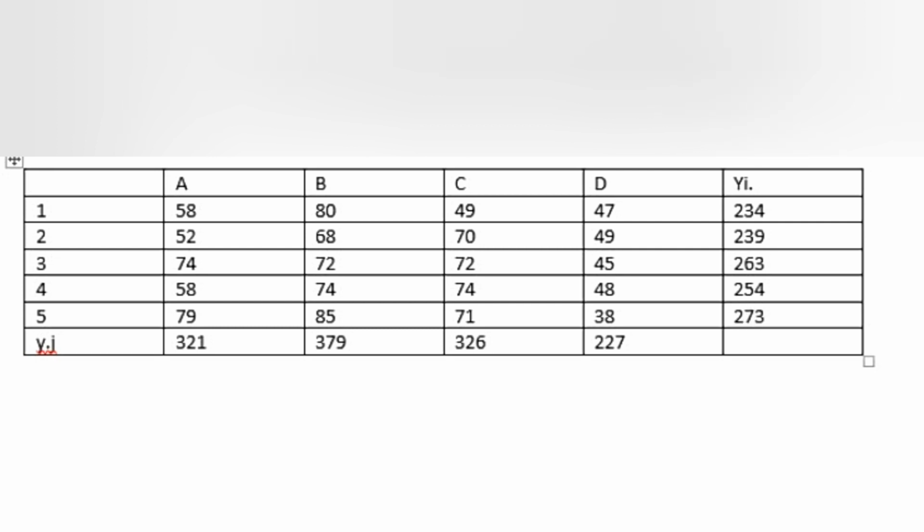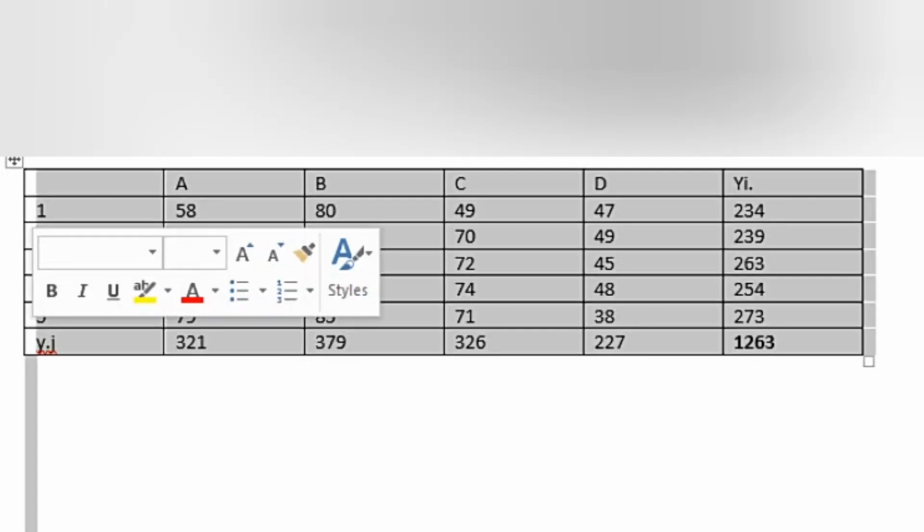Alright, so here now we are going to have the summation over I and J altogether. That means if you sum everything inside this, you are going to have 1263. Let's make this bold, all of this here, because we are going to be making use of it.